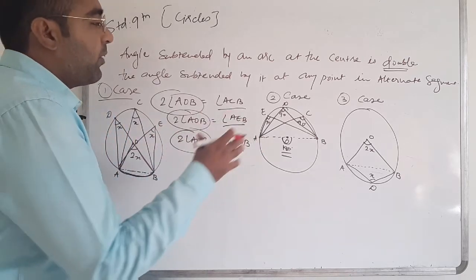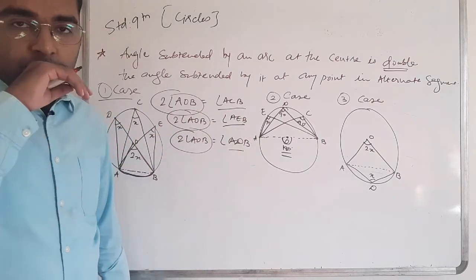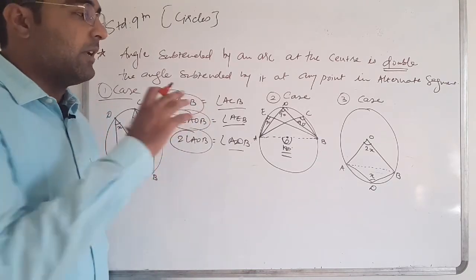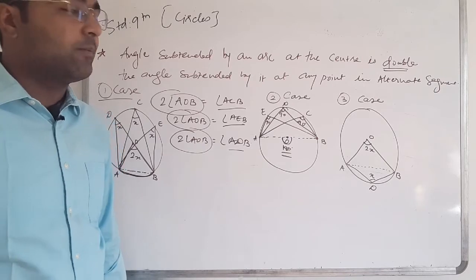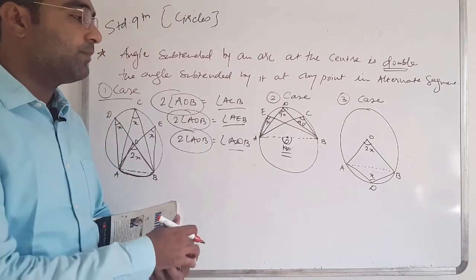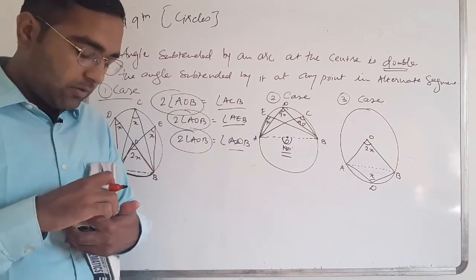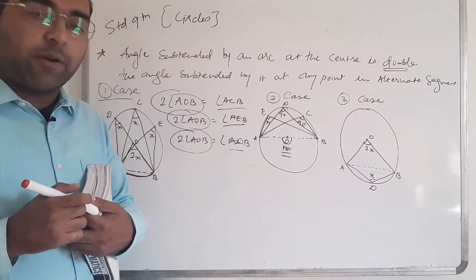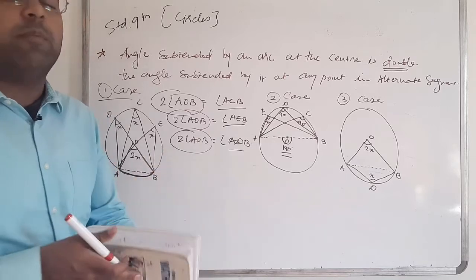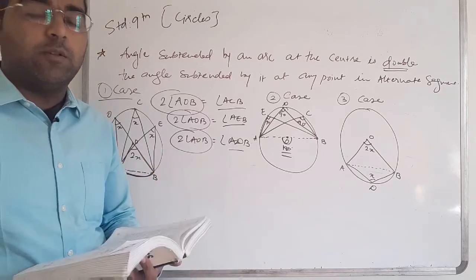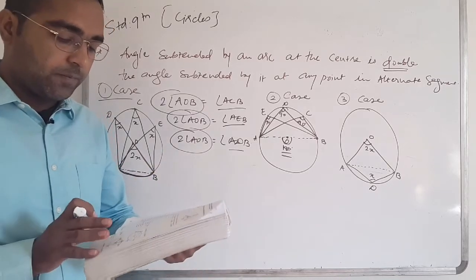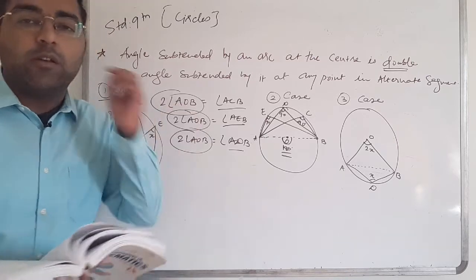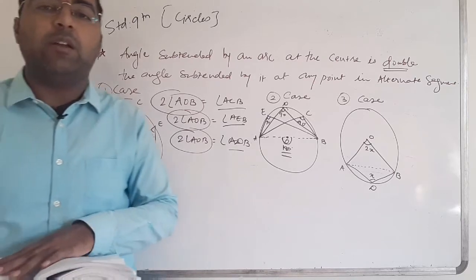The angle at the center of the circle is double the angle from a point in the alternate region of the circle. Clear that? And we are accepting this one without any kind of proof.